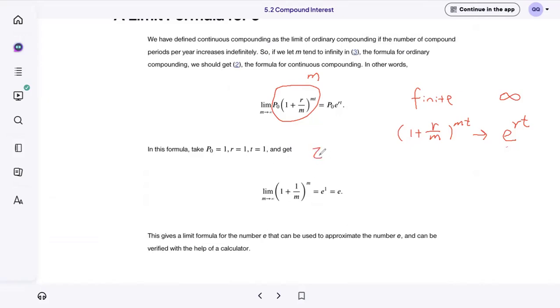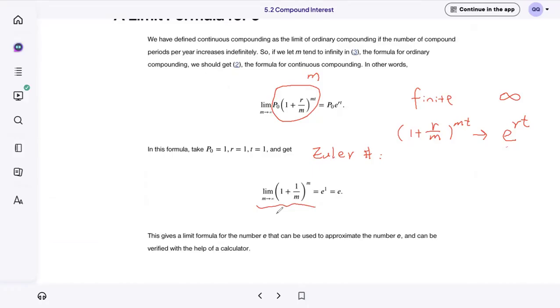So what is the Euler number? That's the Euler number. This is 1 plus 1 over m raised to m, then take a limit as m goes to infinity.